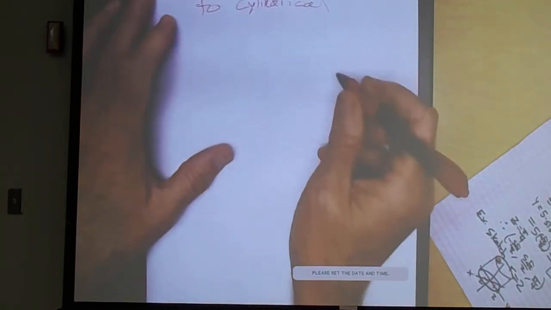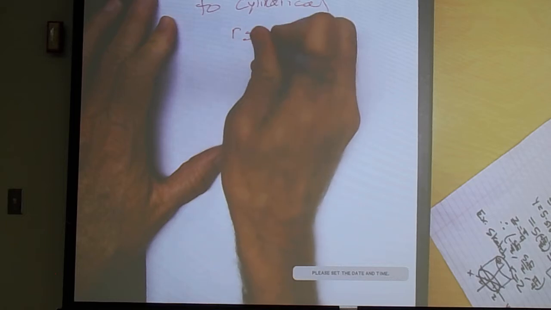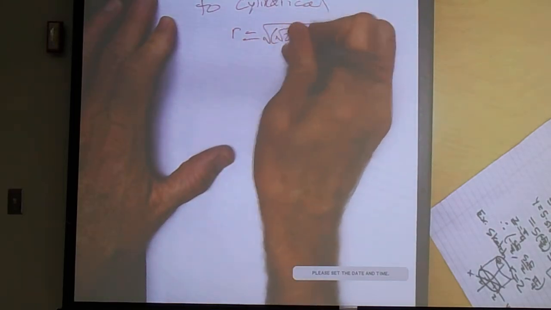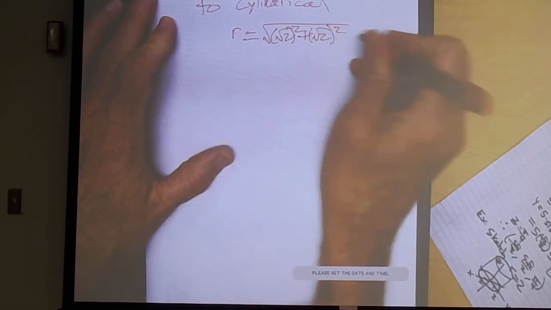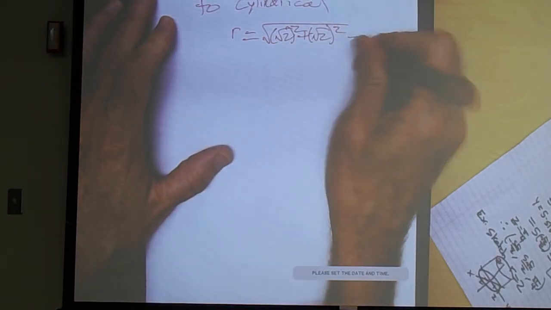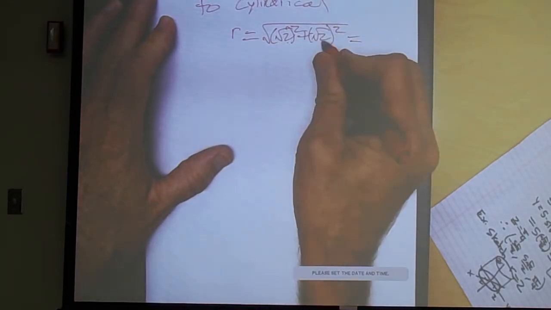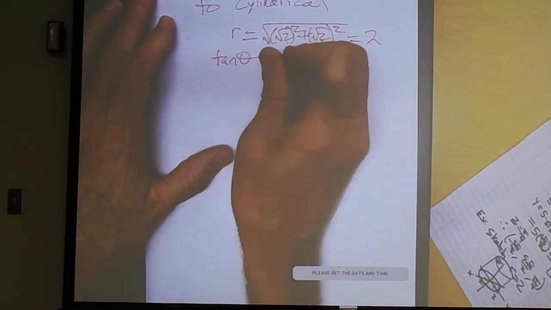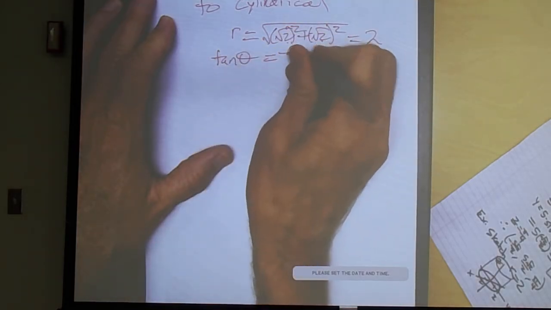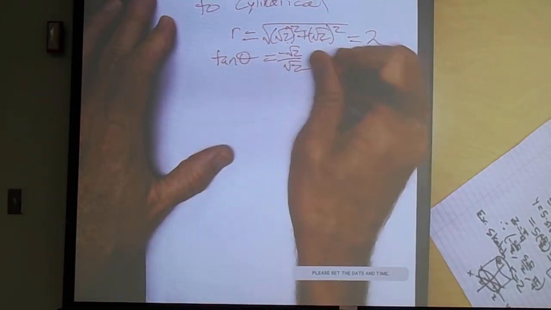Well, this is very easy too. You just say r immediately is the square root of x squared plus y squared. And you get 2 plus 2, square root of 4 is 2, so r is equal to 2. And then tangent theta equals y over x, which is minus square root 2 over square root 2, minus 1.